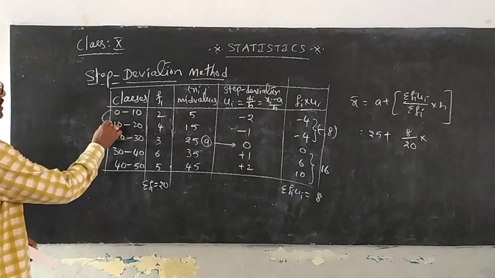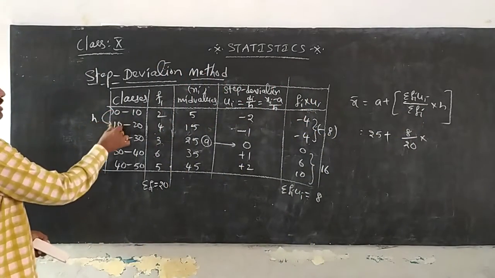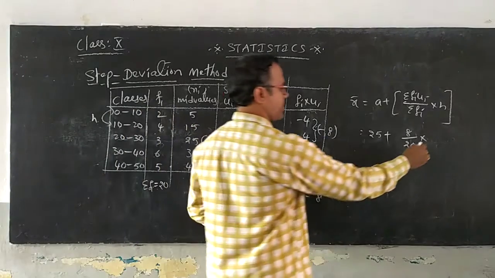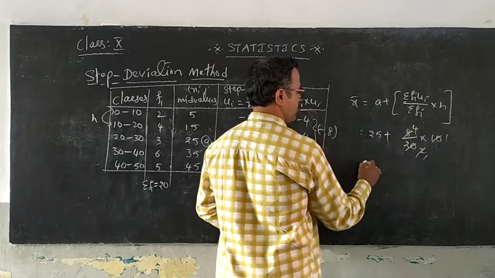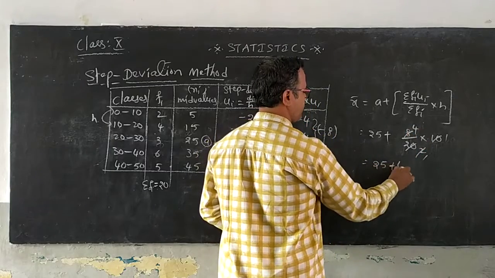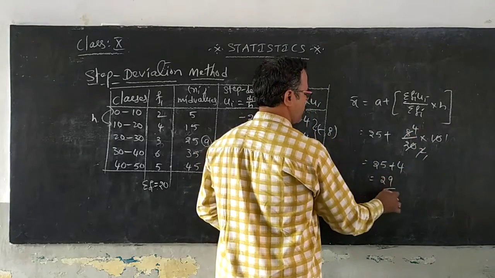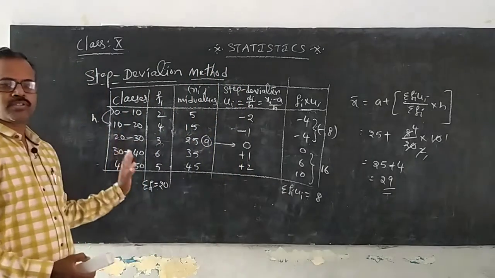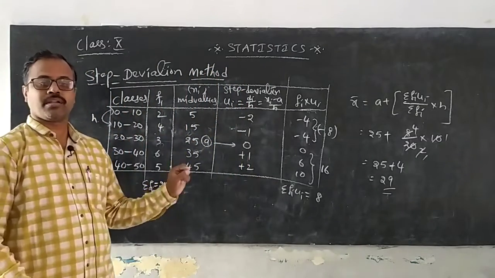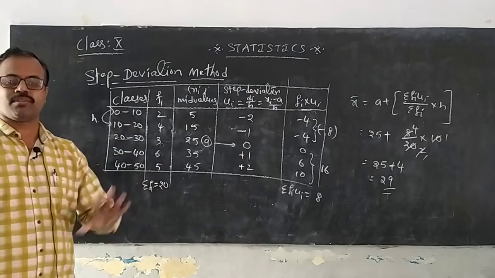H is nothing but the class size, 10 minus 0 is 10. So 10 ones, 10 twos, 2 ones, 2 fours. So your answer is 25 plus 4, which is equal to 29. This is the simplest method to find the arithmetic mean by step deviation method.